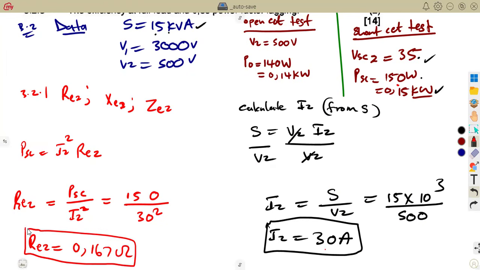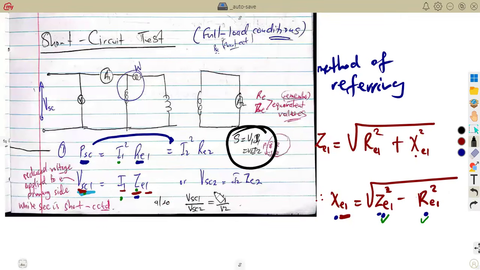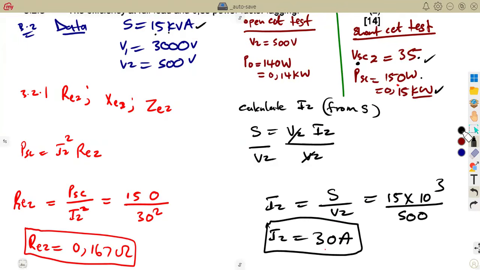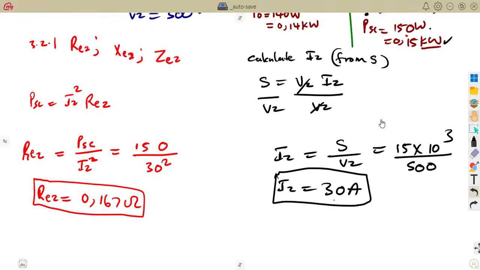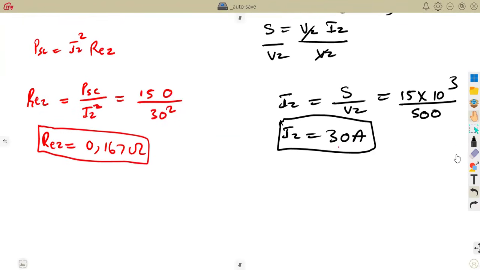All right. So we move on to the short circuit voltage of the secondary. From the short circuit voltage, we're going to calculate the equivalent impedance. The equivalent impedance can be determined from there. So let's calculate the equivalent impedance.